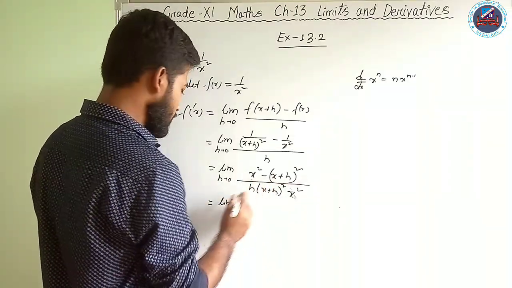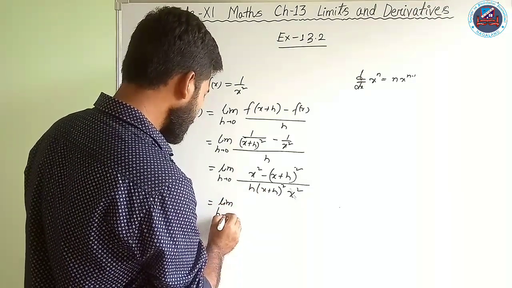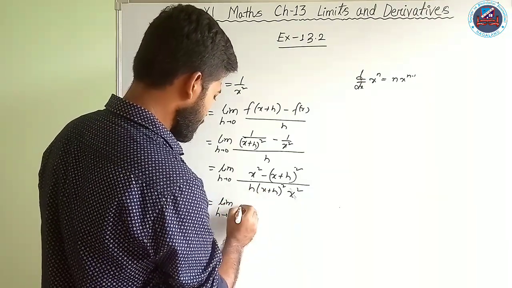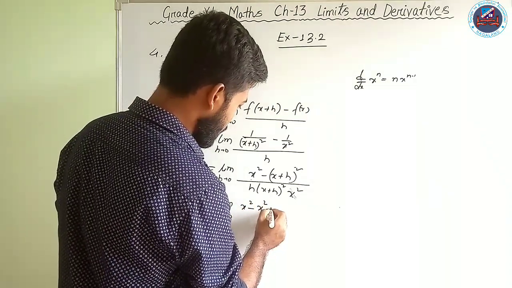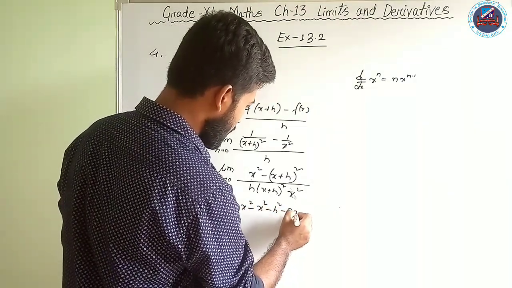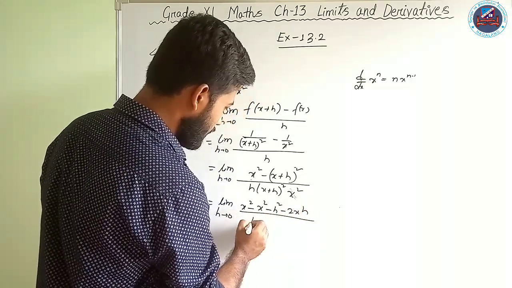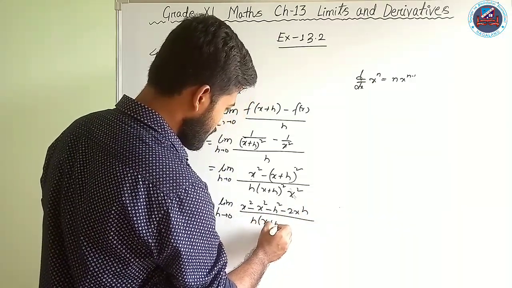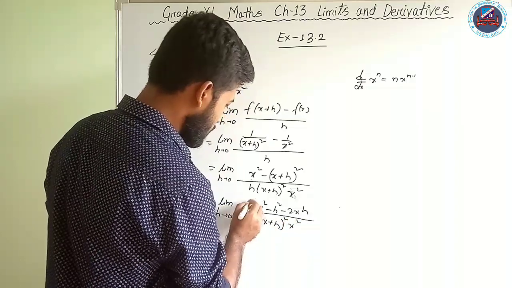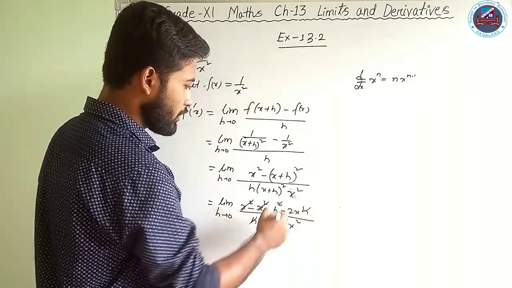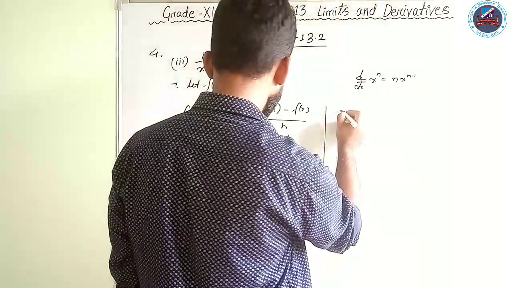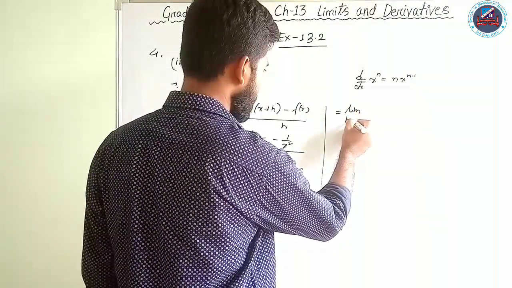We need to cancel out the h from here. Now limit h tends to 0, if I break it, we shall have x square minus x square minus h square minus twice xh, divided by h (x+h) whole square x square. So x square and x square will get cancelled, and then we can cancel h and 1 h from here. This will give us limit h tends to 0.